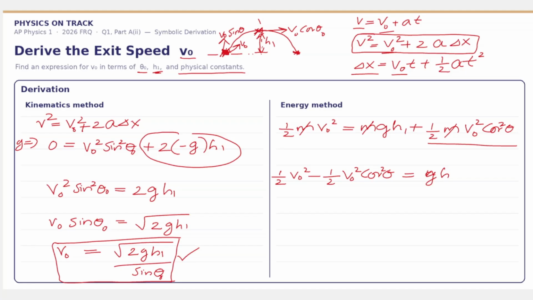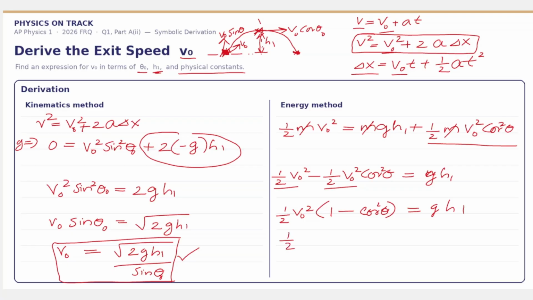g times h1, and we can factor these together. 1 half v0 squared is common, so we can factor that out. So 1 half v0 squared times, we have 1 from here, and then minus cos squared theta, equals g h1. Now from trigonometry, we know that 1 minus cos squared theta is sine squared theta.